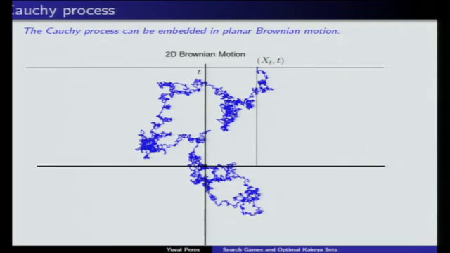And when it hits this line at height t, call its location x_t. Okay? So this is a realization of the Cauchy process. You can also construct the Cauchy process directly. This is this Levy stable process, but it's nice to think of it in terms of this representation.